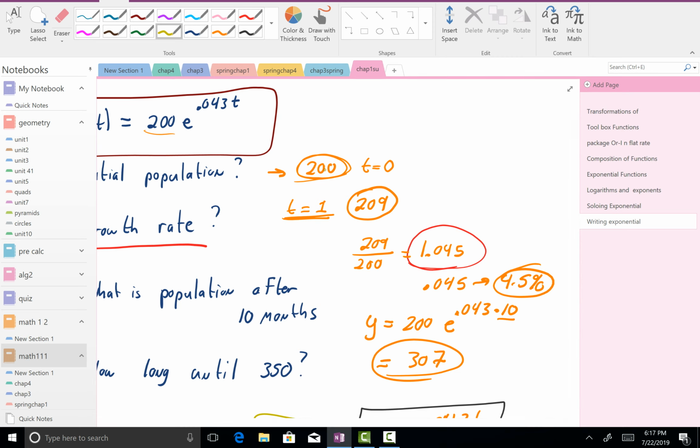So then let's find the next one after. After 1 on 6, put 1 in for t, and we ended up getting 209. And then I asked how we are going to find the growth rate, and you said, I'm just going to divide these, 209 by 200. That's telling you the factor at which they're growing.